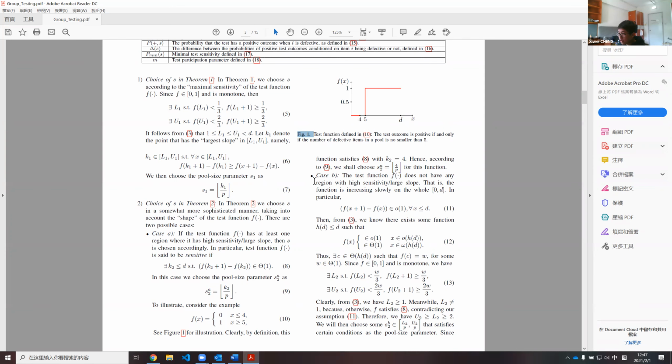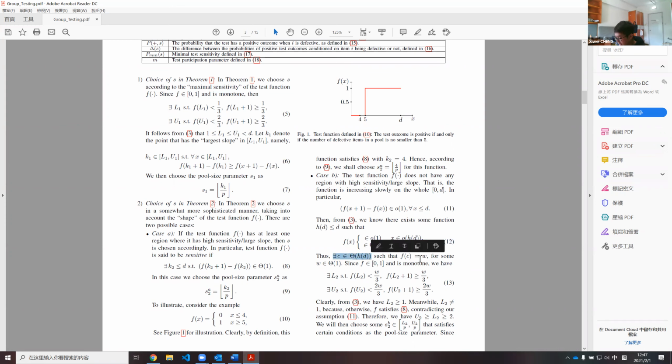And then case 2 covers the functions that increase relatively slowly. We claim that there exists some function hd such that when x is smaller than hd, fx is little-o of 1, while when x is larger than hd, fx is theta of 1.